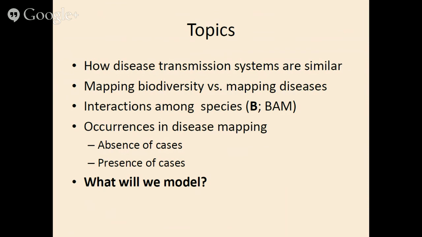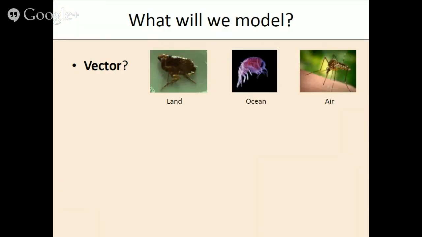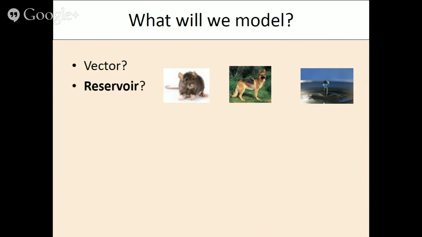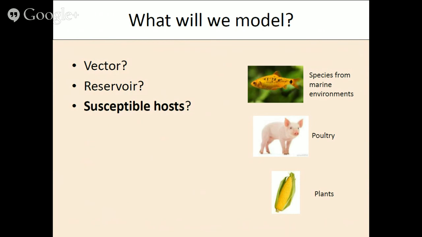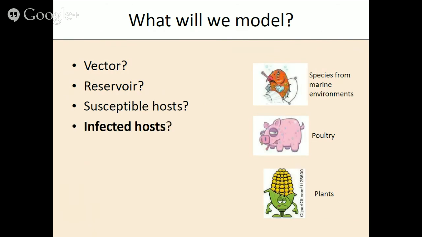So what will we model? We can model the vector. For example, we can work with vectors that are in the land, in the ocean, or need air. We can model the reservoir. We can model susceptible hosts, and to model the hosts, we can work again from species that live in marine environments. We can work with poultry, or we can work with plants of importance for conservation or agriculture, and we can model infected hosts.